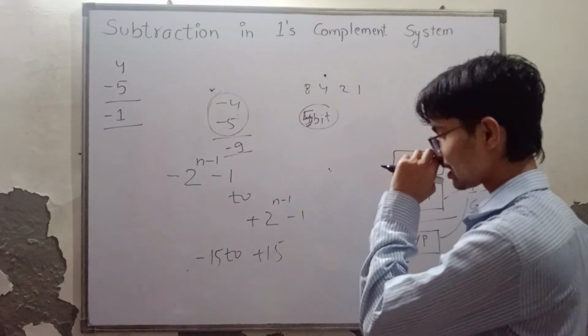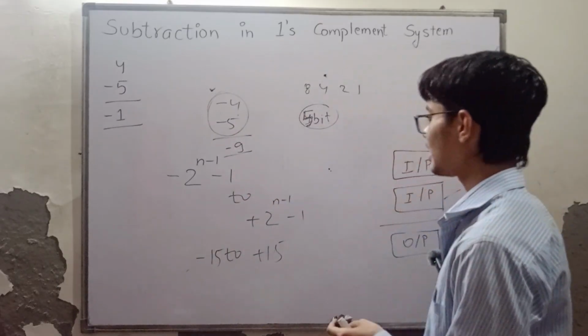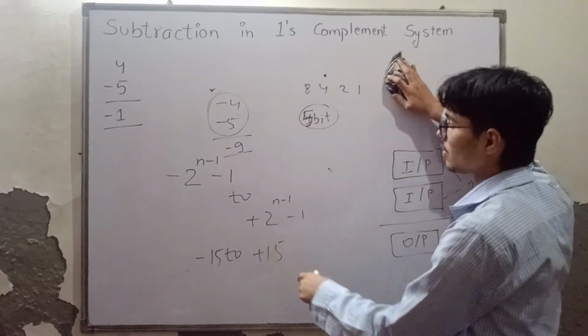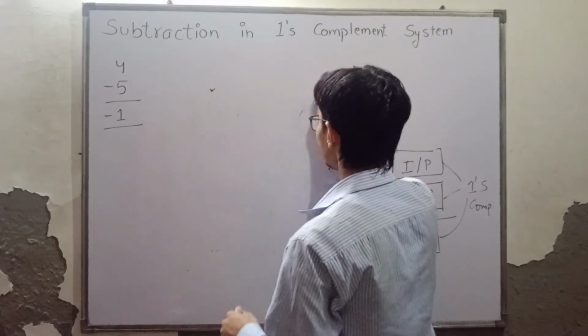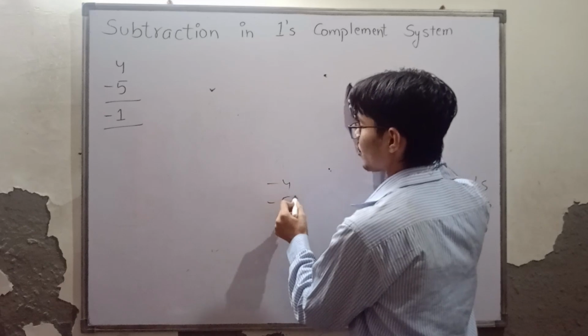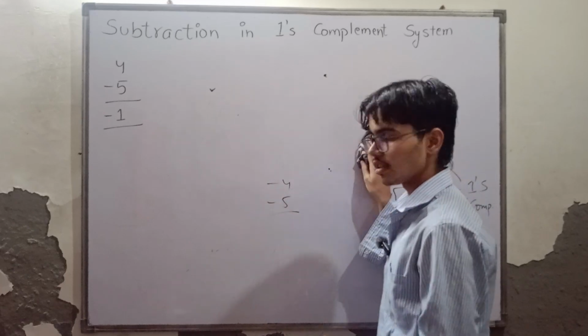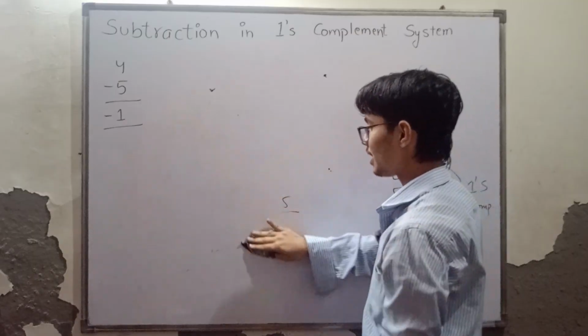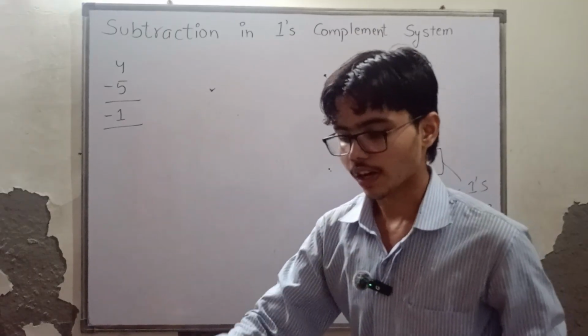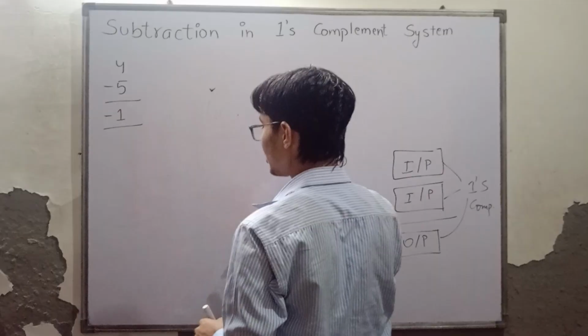So I represent this number in 5 bits because of the range. I take a generalized 5 bits here to be safe.